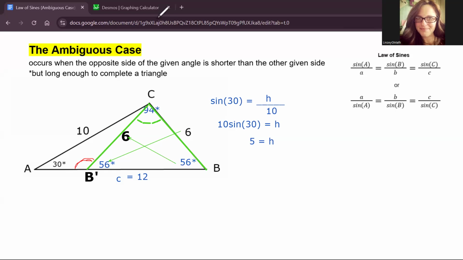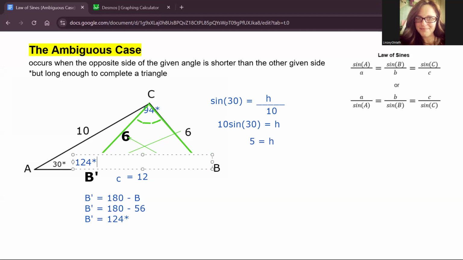B prime is equal to 180 degrees minus angle B. B prime is equal to 180 degrees minus 56 degrees. We see that B prime is 124 degrees.